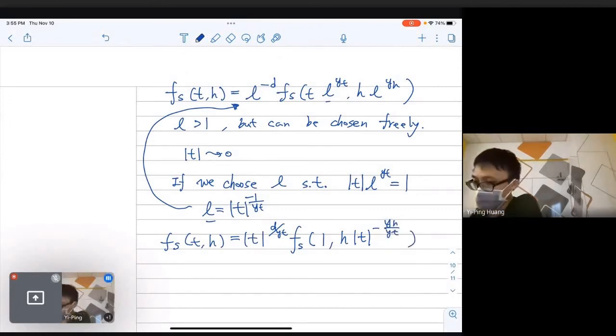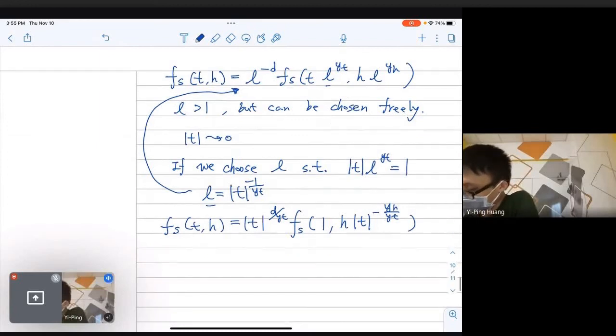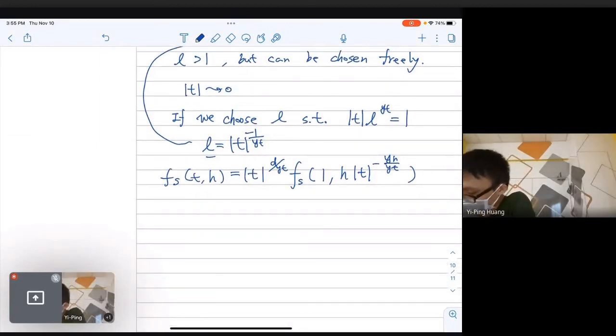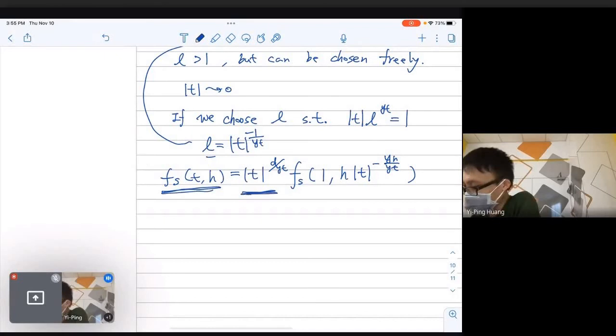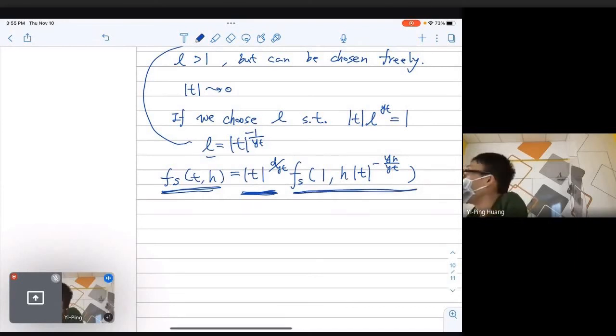So at this point, it seems quite promising, because what we got is the singular part of the free energy has some power law dependence on the reduced temperature and some function that is formed by these dimensionless parameters.